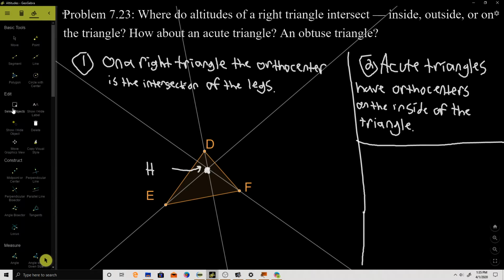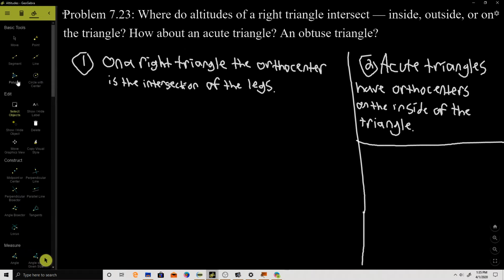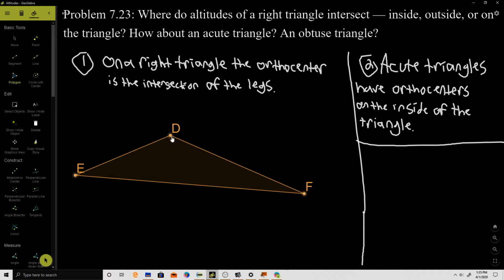So let me get rid of everything here. And let's make a nice obtuse triangle. So it has an angle that's much bigger than 90 degrees. So, this is fine. All right. So let's draw the perpendicular line from D to EF. Whoops. Let's try that again. Perpendicular line from D to EF, from E to DF.